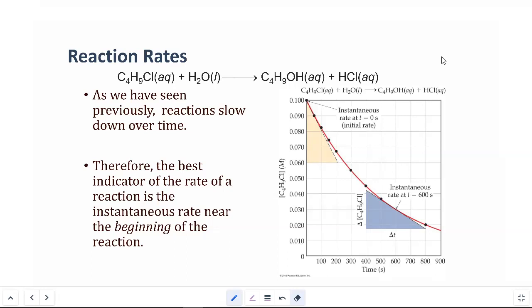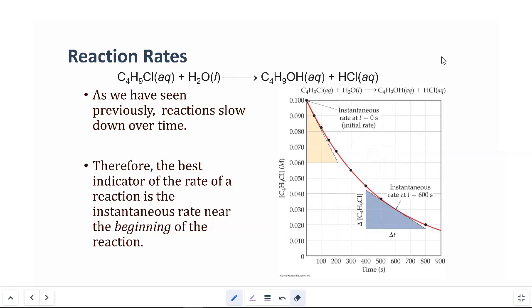We can clearly see that if I look at the tangent line up here at time equals 0, compared to the tangent line here at time equals 600, the slopes of those lines are nowhere near each other. The rate of change up here, which would be the slope, is way, way bigger than the rate of change here at time 600.